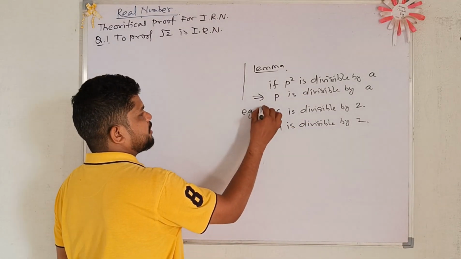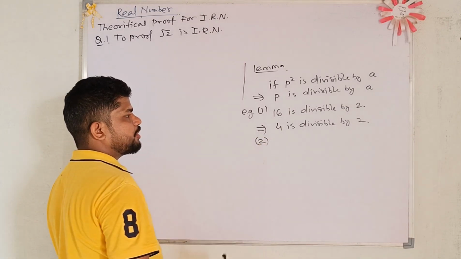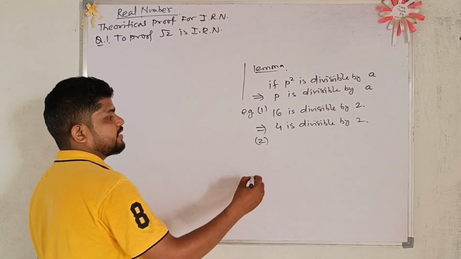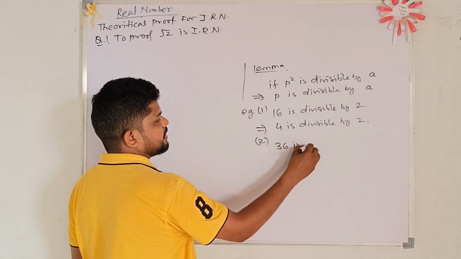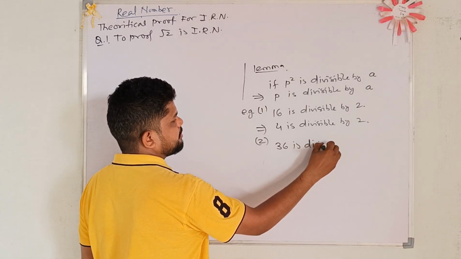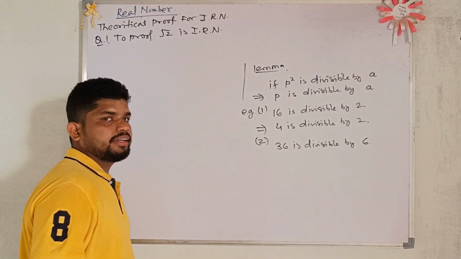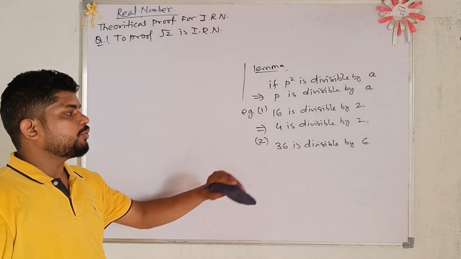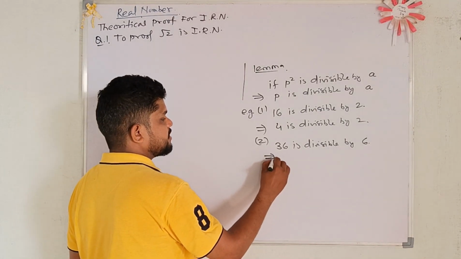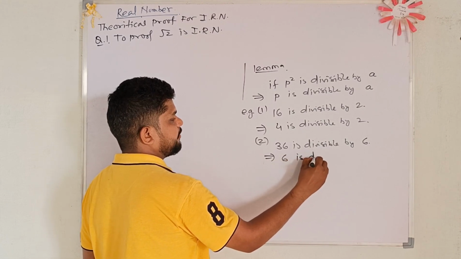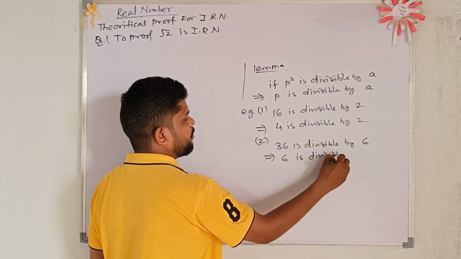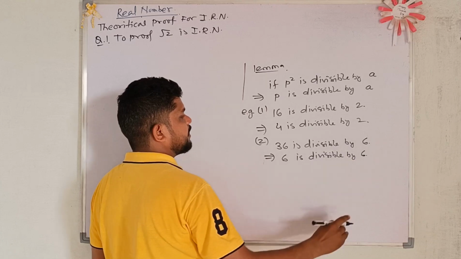Like we have seen one example, I can give you one more example. Suppose 36. 36 is divisible by 6. So what is the root of 36? It's just 6. 6 is divisible by 6.